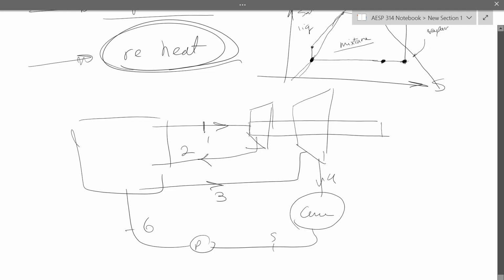Pressure difference, right? As long as you design the pressure after the turbine to be higher than the pressure inside the boiler, you don't need a pump, right? So as long as you're taking the vapor at the correct location and you're sending it into the correct location at the boiler, then you should be fine, right? So do reheat systems have to be superheated?